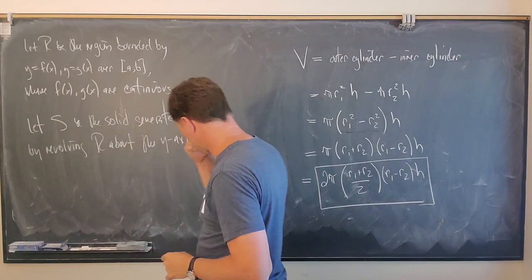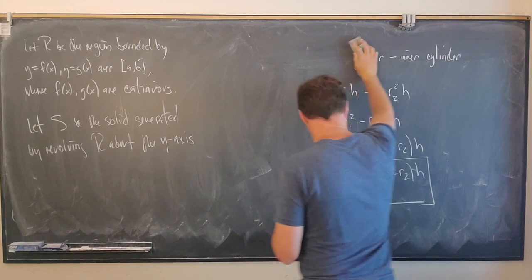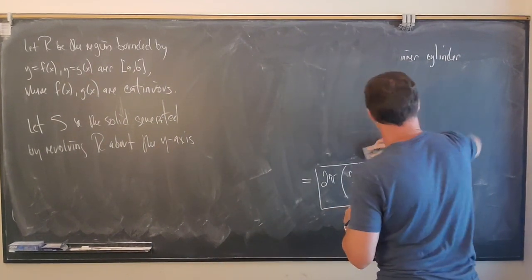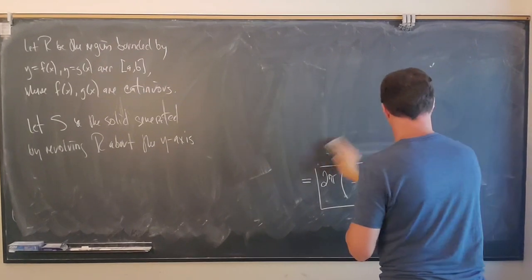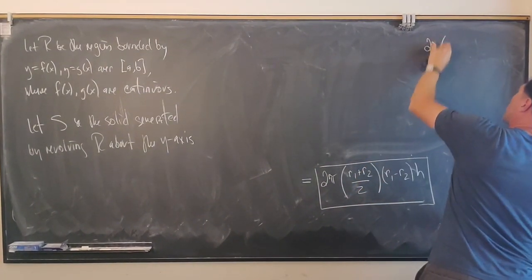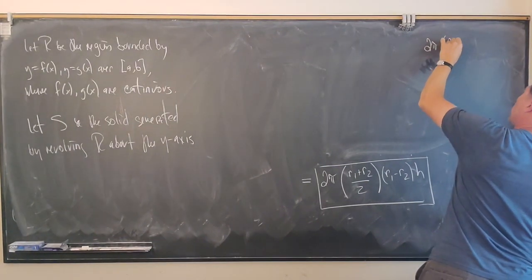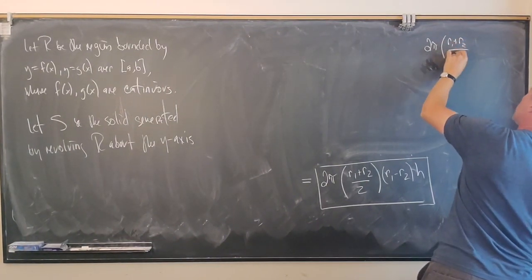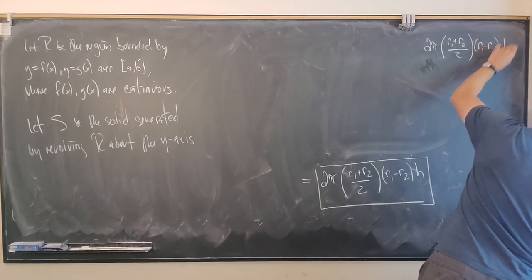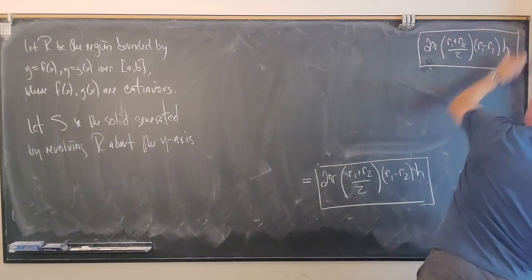All right, so here's the picture. I'm going to have to erase this formula. Well, I'll try to leave the bottom portion of it. In fact, let me move it up to this corner here. So our formula is going to be 2 pi times (r1 plus r2) over 2 times (r1 minus r2) times h. Okay.